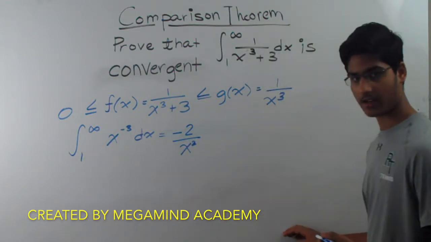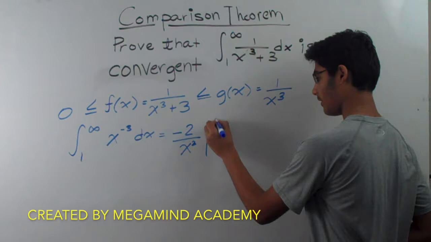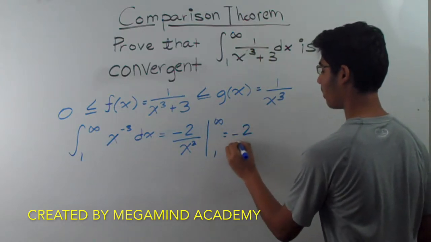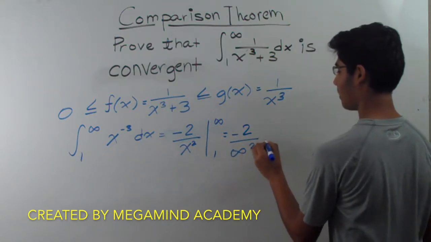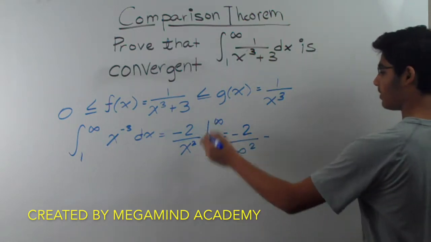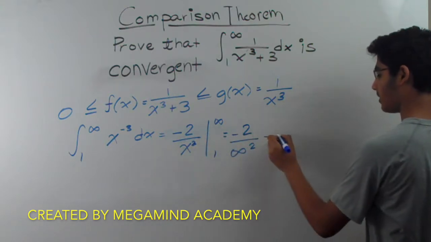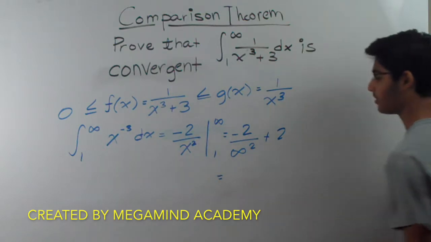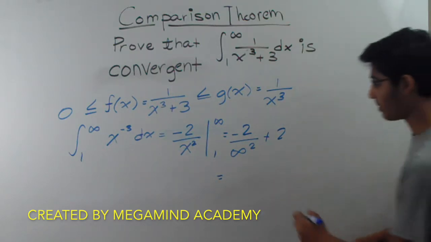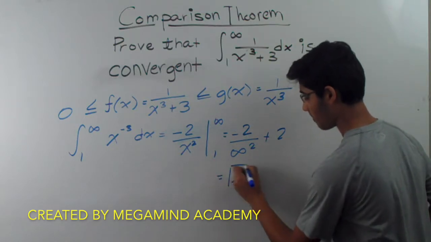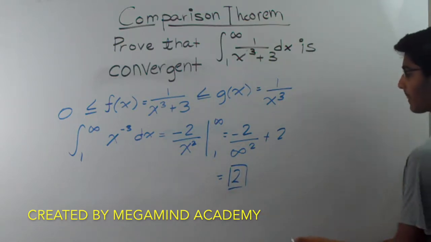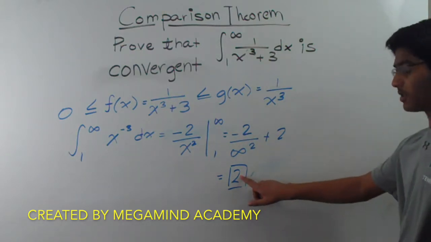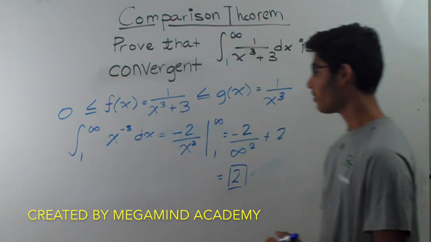And because this is a definite integral, we have to evaluate it from 1 to infinity. So we get negative 1 over 2 infinity squared minus negative 1 over 2 times 1 squared. The first term is 0, so we are left with 1/2. So we know that g of x is convergent on this integral because the answer comes out to a finite number, which means it is convergent.